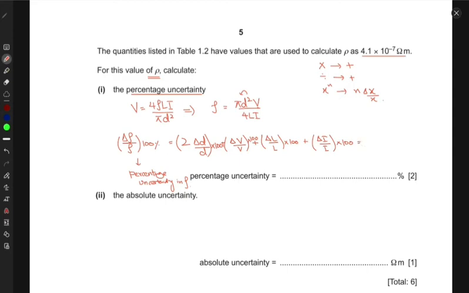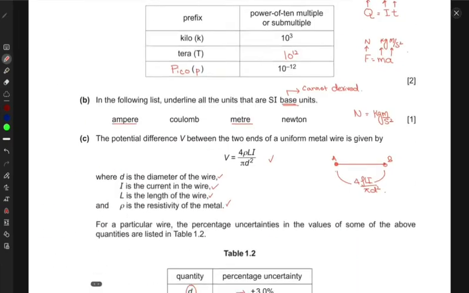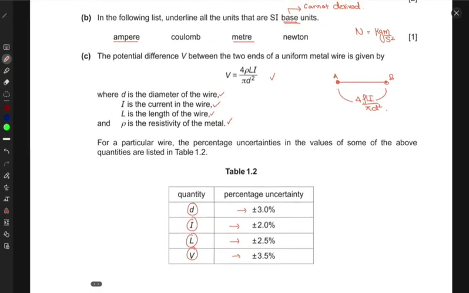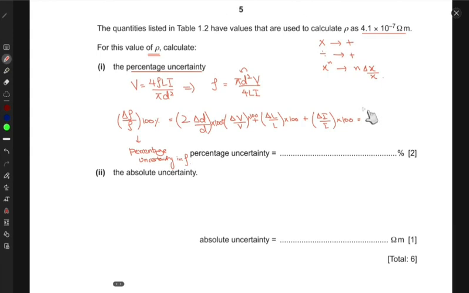And this gives you, if I put in the values of delta D from before, and we also have D, diameter, if you go back over here, this is the percentage uncertainty in D, which means that this is the value of delta D by D times 100, right? And the percentage uncertainty in I, L, and V is also given. So you just put in those values.